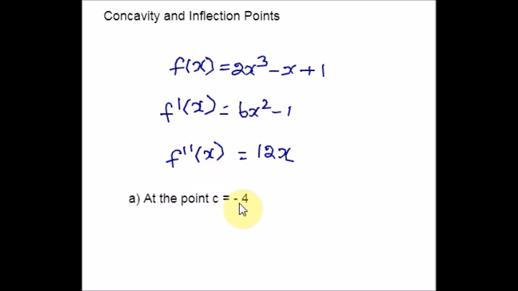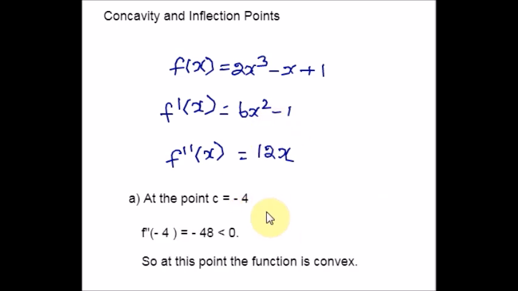All we have to do is replace the x by negative 4 in the second derivative and check what number we are getting. So if I replace x by negative 4, negative 4 times 12 is negative 48. It means it is less than 0. So at this point, c equal to negative 4, the function is convex. Am I right? If it is less than 0, we say it is a convex function. Hope you are with me till this point.